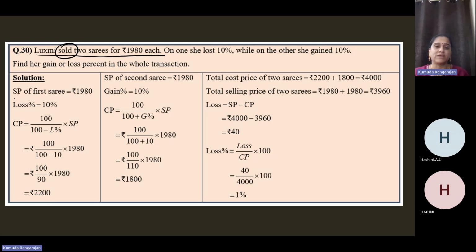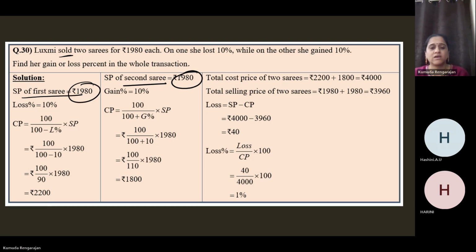Purchased or bought means cost price. Sold means selling price. So selling price of the first sari is 1,980, and selling price of the second sari is 1,980, because each sari is 1,980.